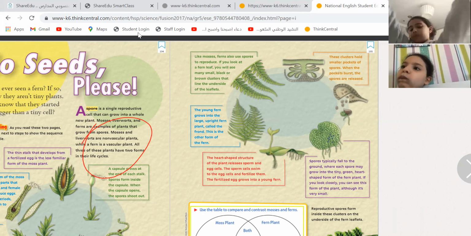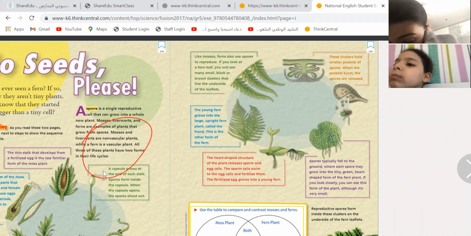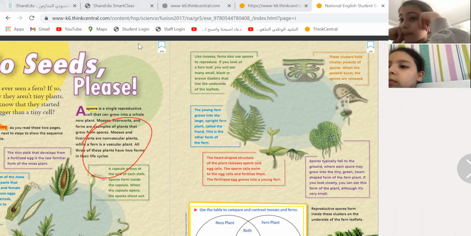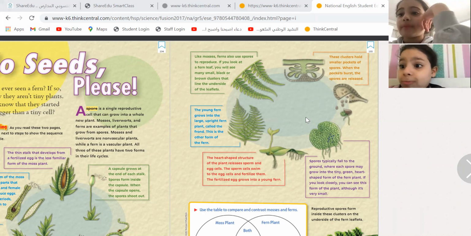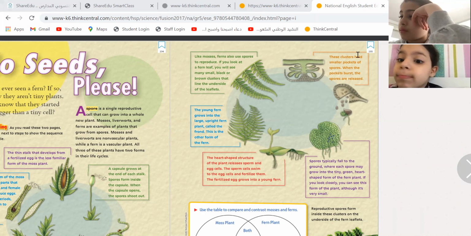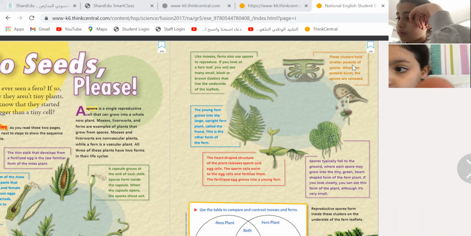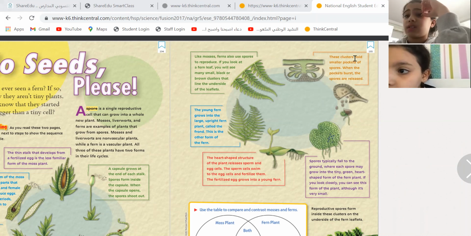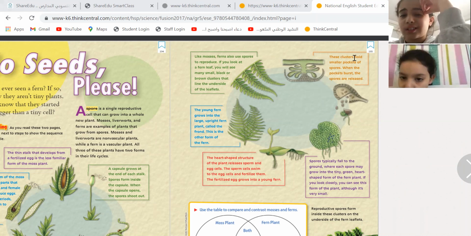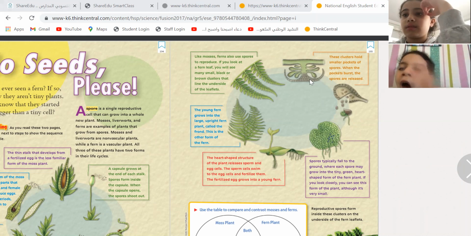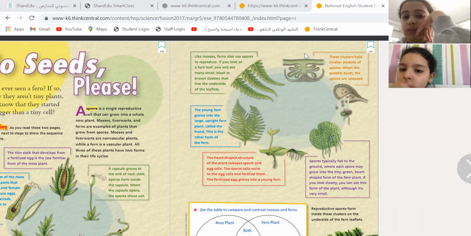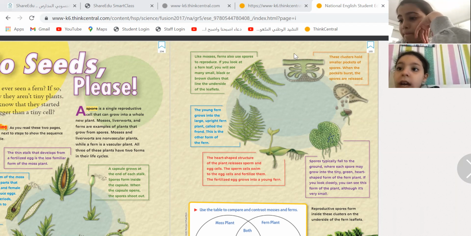See? Mosses keep their spores where? In a capsule. But ferns, where do they keep their spores? In clusters. And these clusters look like pockets. Do they look like pockets? Yep.